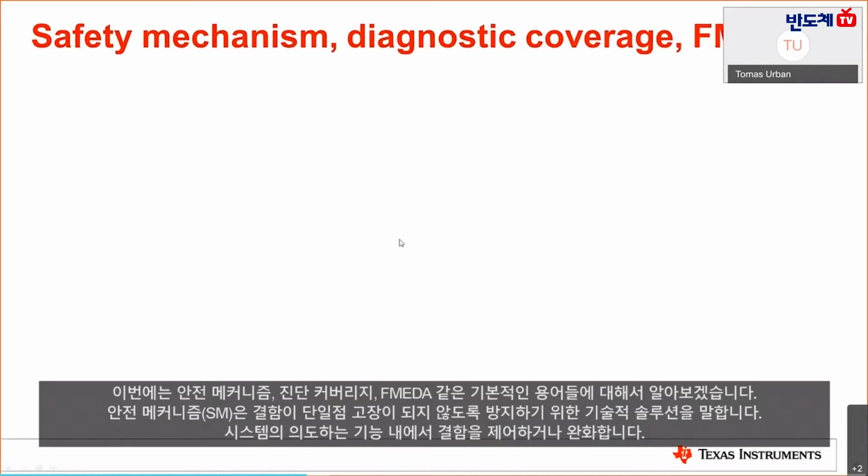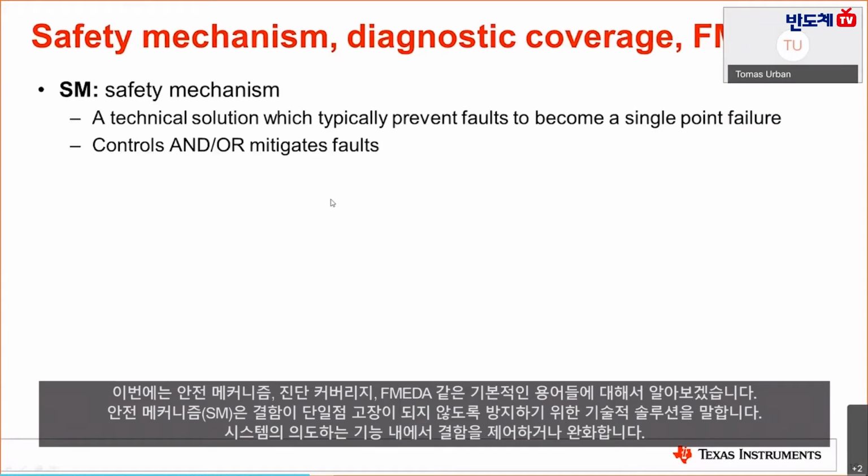Now basic terms like safety mechanisms, diagnostic coverage, and FMEDA. I'm also presenting those acronyms. SM, safety mechanism, is typically a technical solution which prevents faults from becoming a single point failure. It controls or mitigates the faults in, let's say, the intended function of the system.